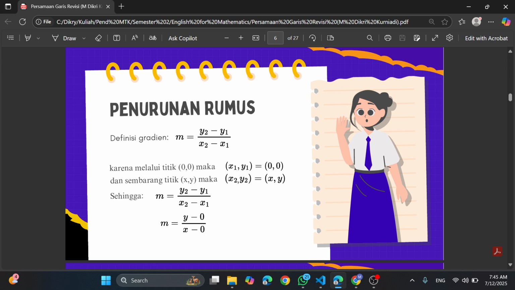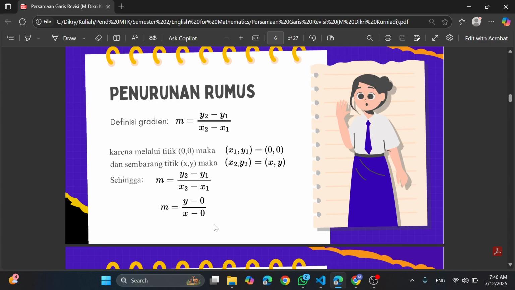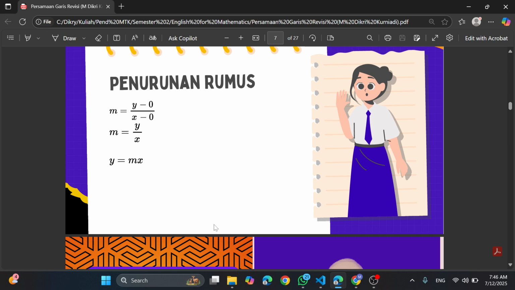Therefore, m equals y2 minus y1 over x2 minus x1. So m equals y minus 0 over x minus 0. Then m equals y over x, and the result of this formula is y equals m times x.